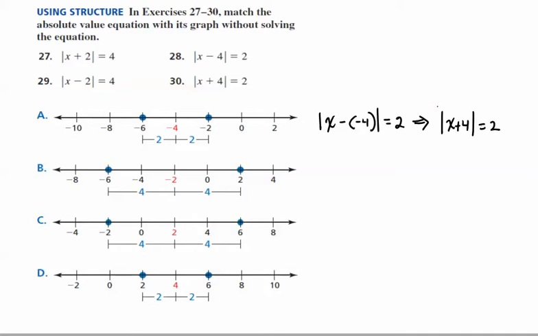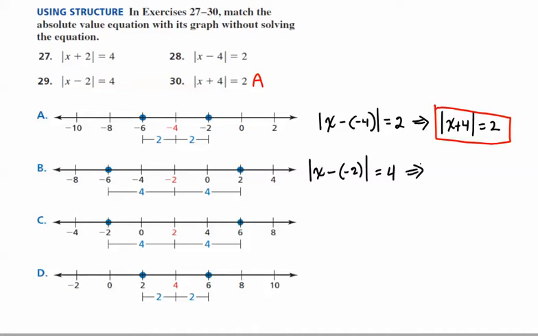And since that is the same as number 30, we'll say that 30 is answer A. Alright, we'll continue this strategy. We'll go on to the next one. Absolute value, x minus the center. Again, this time the center is at -2, is equal to the distance from the center to the endpoints, which is 4.